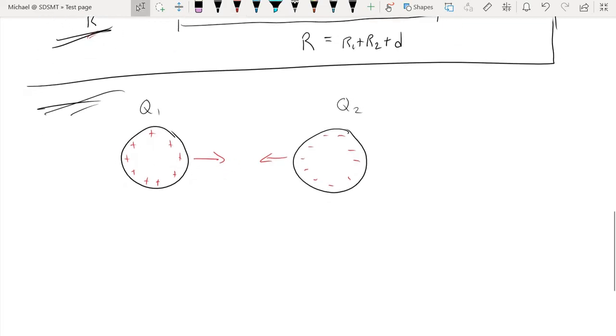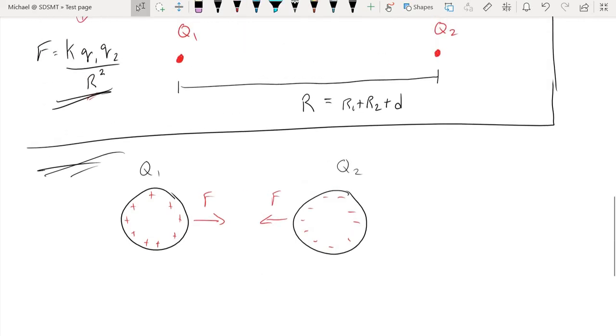So my next question is, if we allow these spheres to move under the influence of these forces, eventually they're going to come together. And as they get closer and closer to each other, the separation distance between them becomes smaller and smaller.